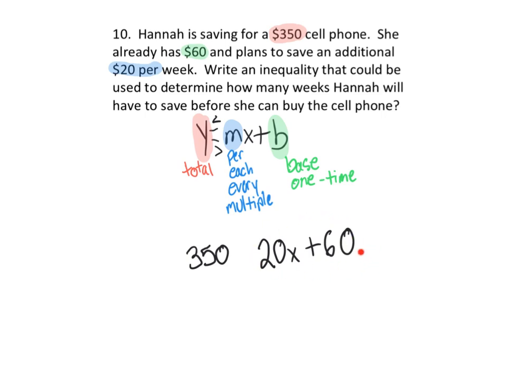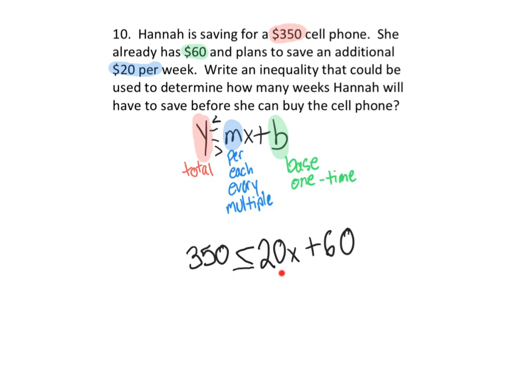This has to be bigger than 350 or equal to. So that being said, the bigger side goes to what needs to be bigger. Since what she's saving is over here, and she has to have more than what the phone costs, that is on the bigger side. And then we also need an equal sign because what she saves could also be exactly 350.